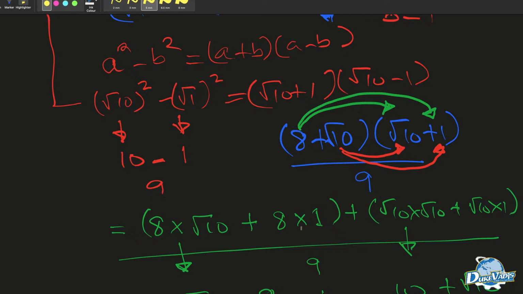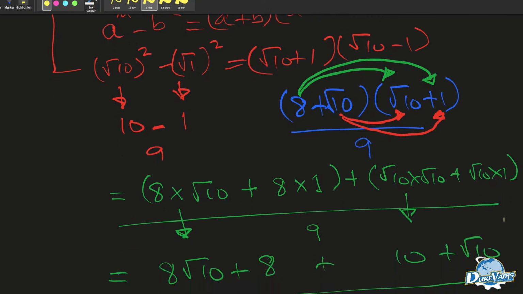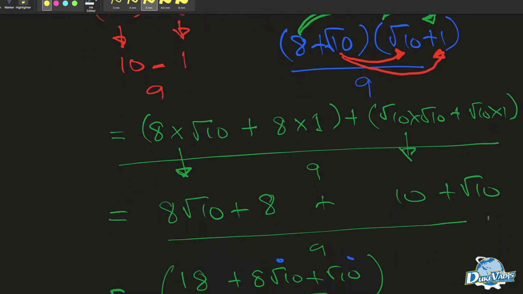When I was done with it, I picked the next value, which is root 10. And root 10 multiplied by root 10, that's what we had over here. Now, the next one we did was root 10 also multiplying 1. Then we'll put them together.